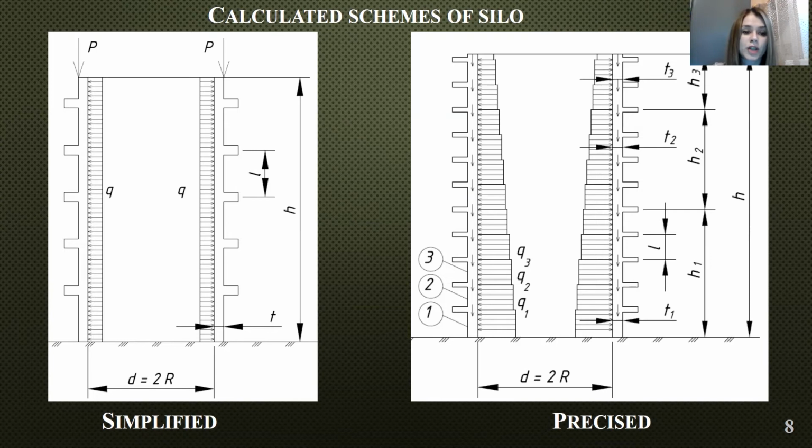In each short shell, these loads are assumed to be constant and equal. The calculation scheme of the whole silo is accepted as a component system of short shells connected by horizontal folding ribs. All formulas for determining the loads of the structure were given in the article.